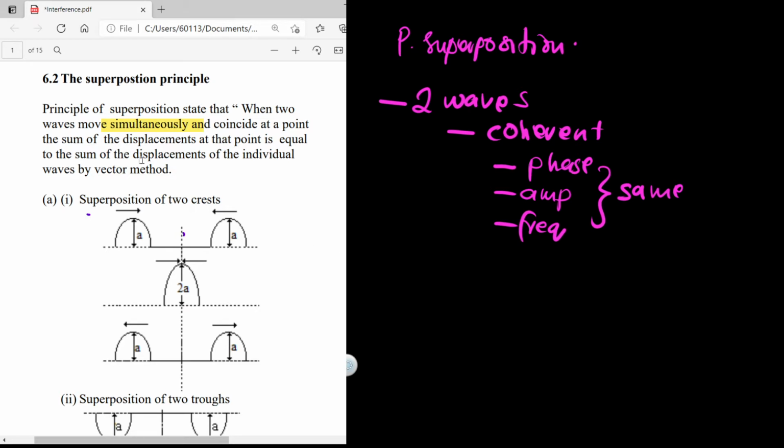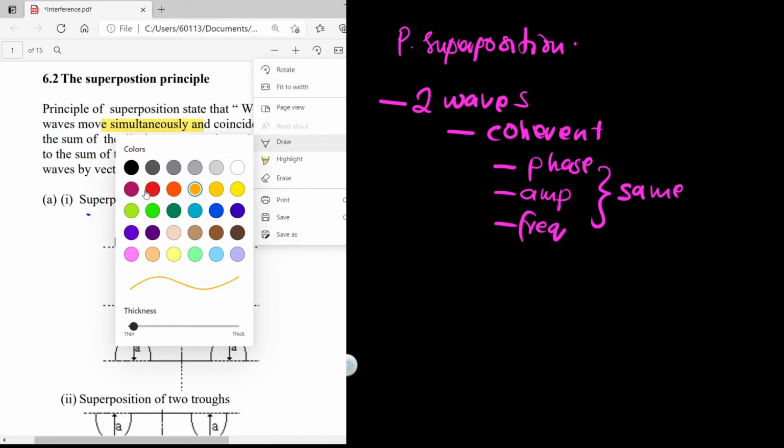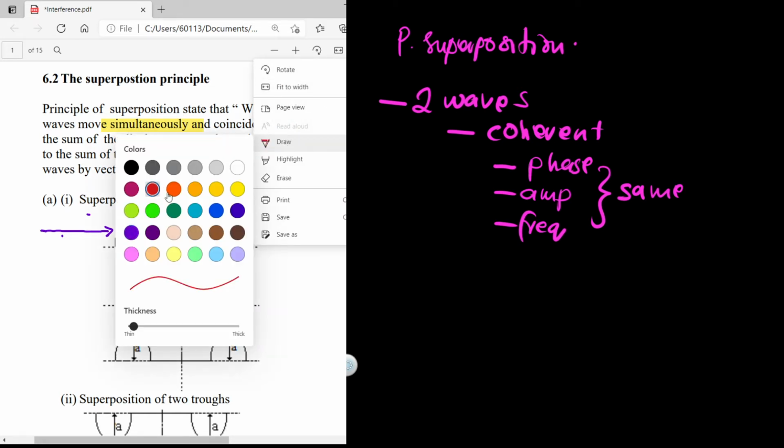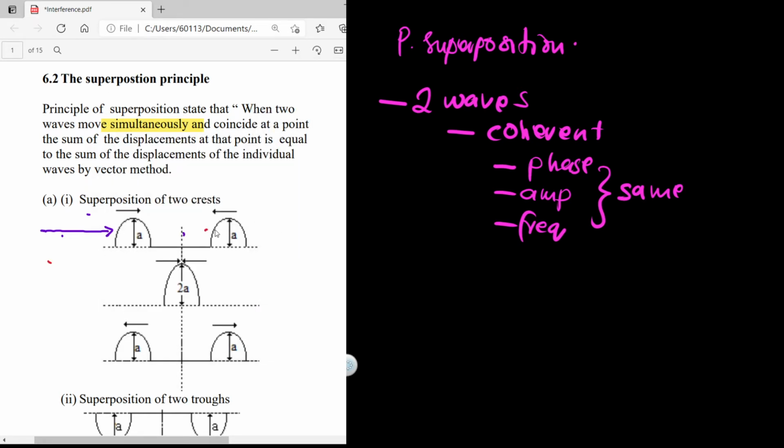So what will happen? Let's look at our example here. Here we have two different waves. Wave one is coming from this direction, and wave two is coming from this direction.